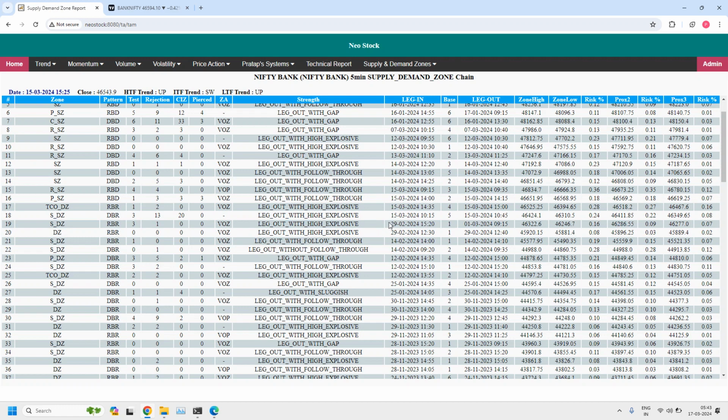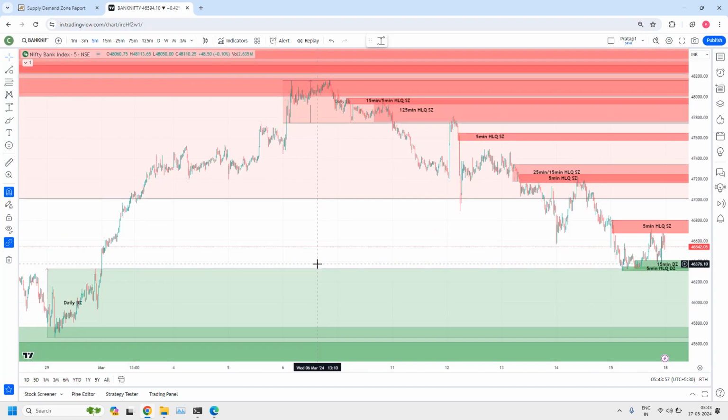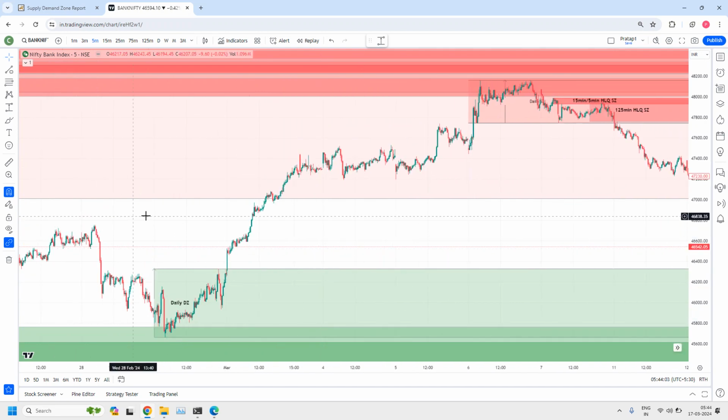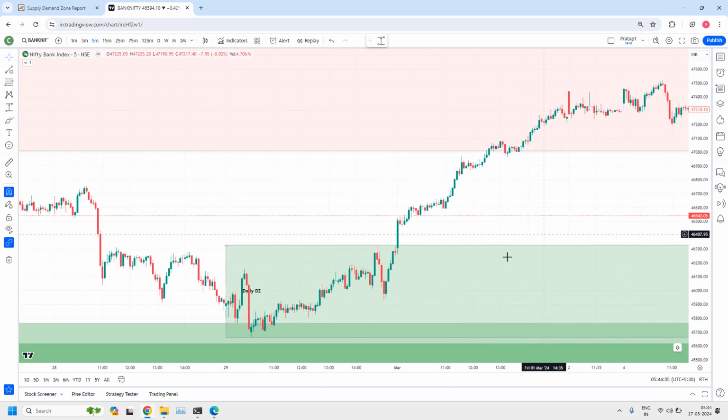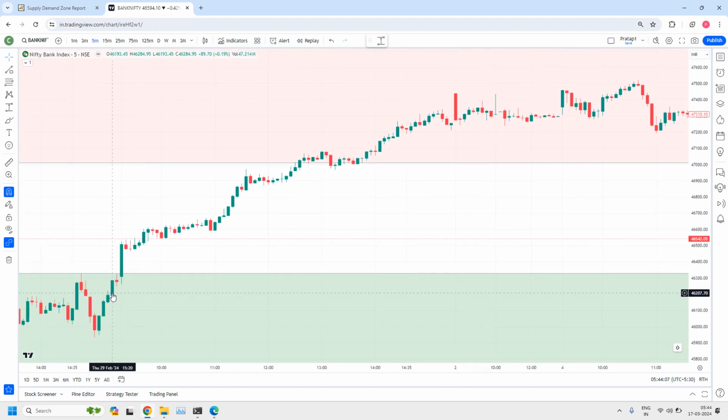That is the 29th February, 1520, one base candle. 29th February means somewhere here. $15.20.